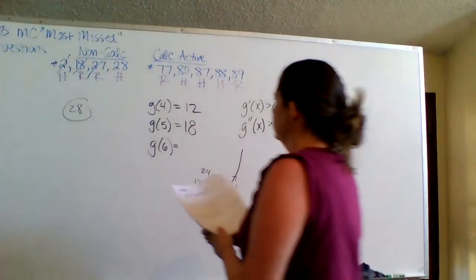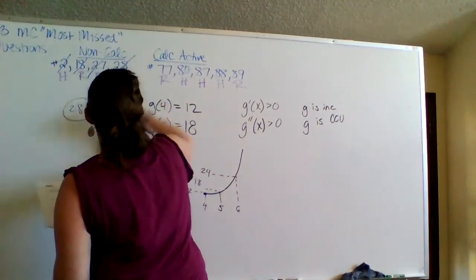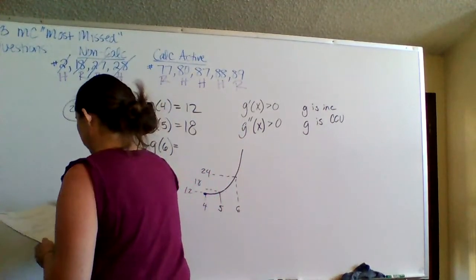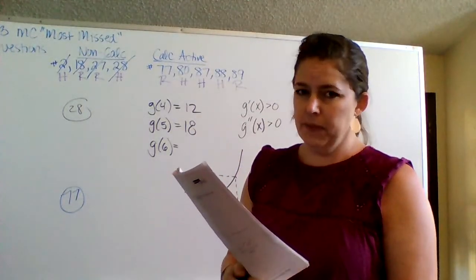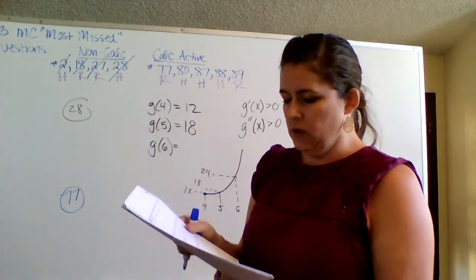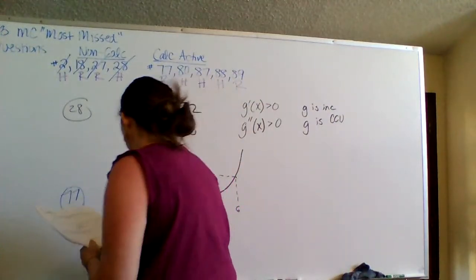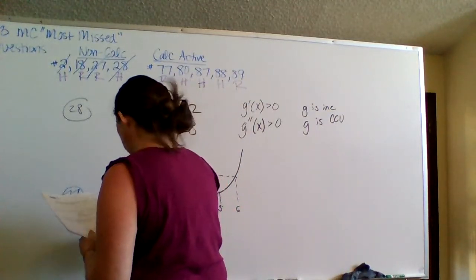So now we're into the calculator active part. And on number 77, it's one of those times where it's on calculator active, but you don't use your calculator whatsoever. So they have this graph, and I'll just quickly redraw it.